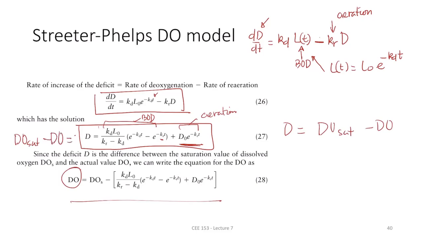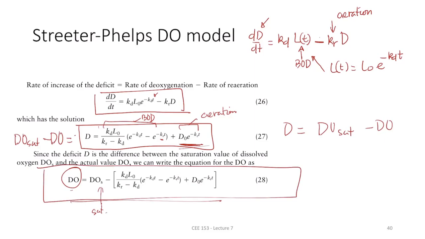If you rearrange the equation, DO would be DO sat, which is saturation, minus the entire term on the right side. So you can use this equation to solve for the DO at any location, any particular spot. The time factor here is the time it takes for the water to move from one spot to another. So that would be distance divided by velocity.